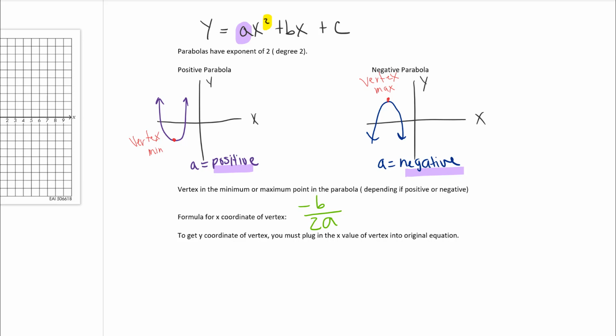Now, to find that minimum or maximum value, the vertex, for a parabola, you need the formula negative b over 2a, and that gives you the x-coordinate of the vertex. And if you want the y-coordinate of the vertex, remember it's an ordered pair. The vertex is just a specific ordered pair that's either the maximum or the minimum point.